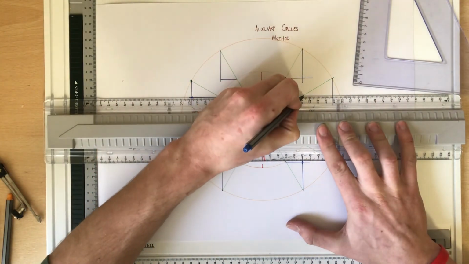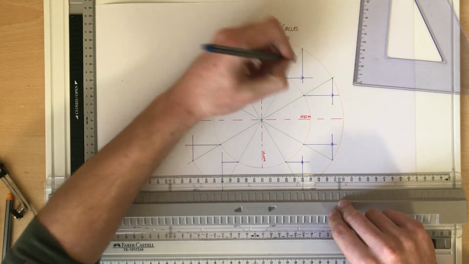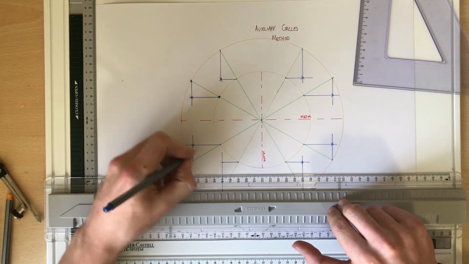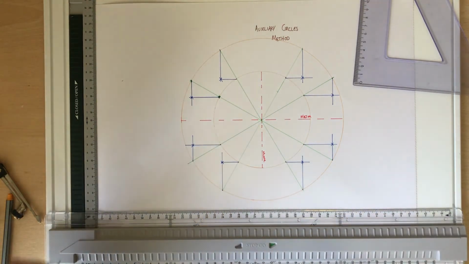So all of these intersections of the blue lines are points that lie on the ellipse. So all we have to do now is join up these points.